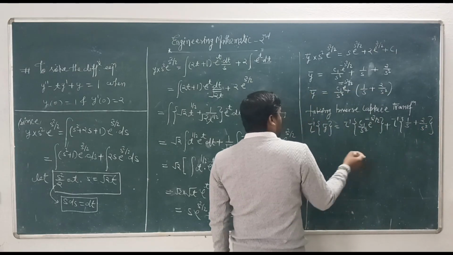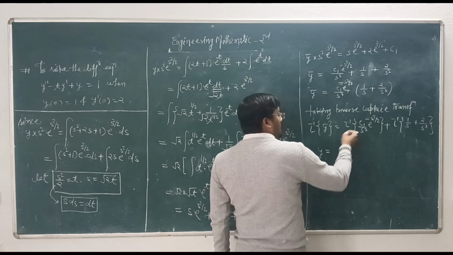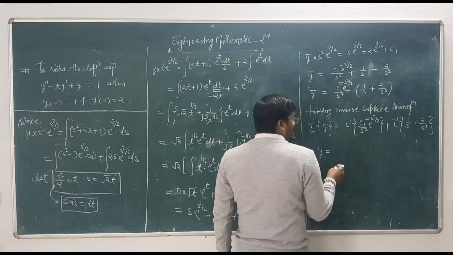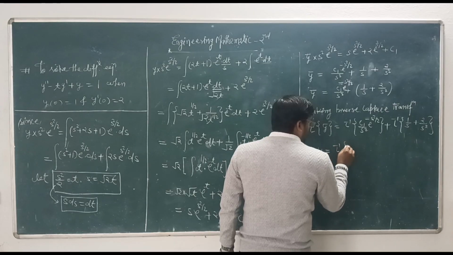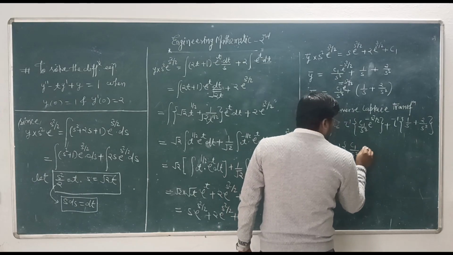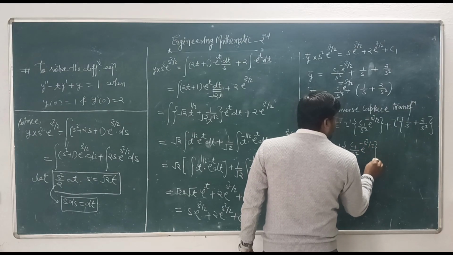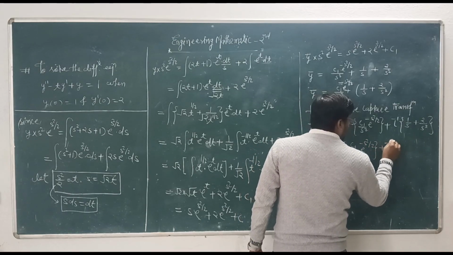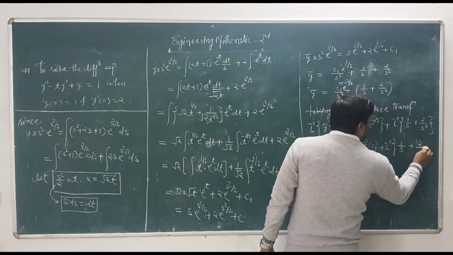Now you can write y is equal to inverse Laplace of C1 upon s square e to the power minus s square by 2 plus inverse Laplace of 1 upon s plus 2 upon s square.